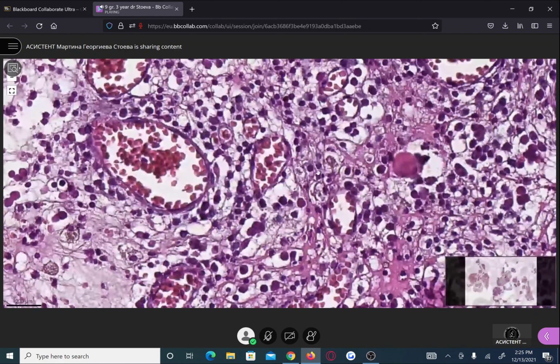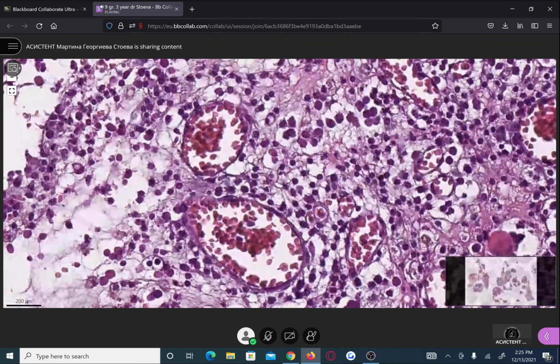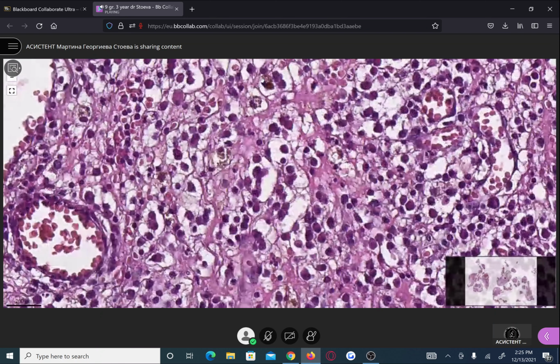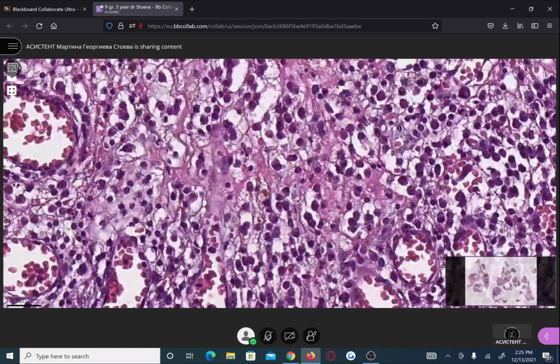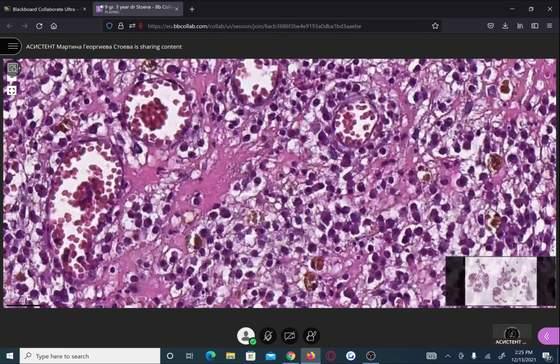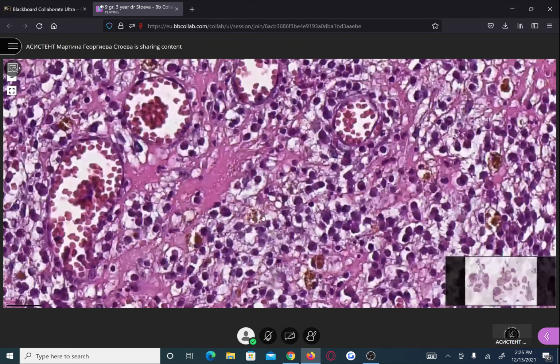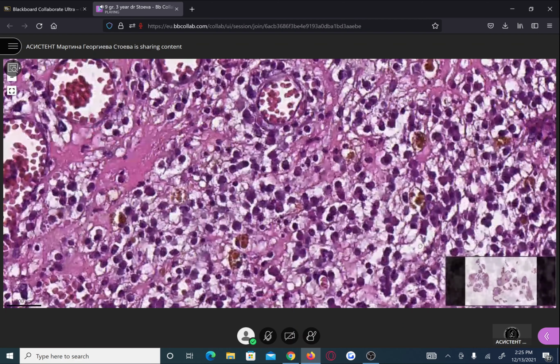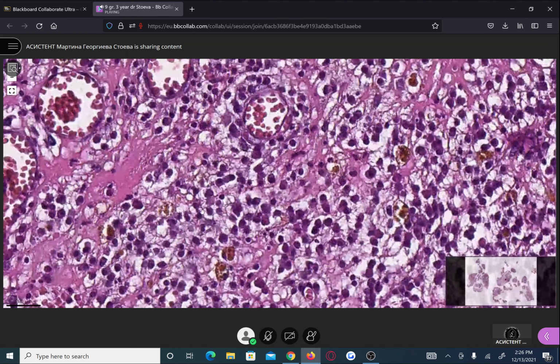That's why the inflammatory cells that accumulate in the stroma are mixed. We can find both polymorphonuclear cells together with mononuclear cells, lymphocytes and plasma cells. Also, because of hemorrhages, you can see that there are many siderophages, these macrophages with granular brownish pigment.